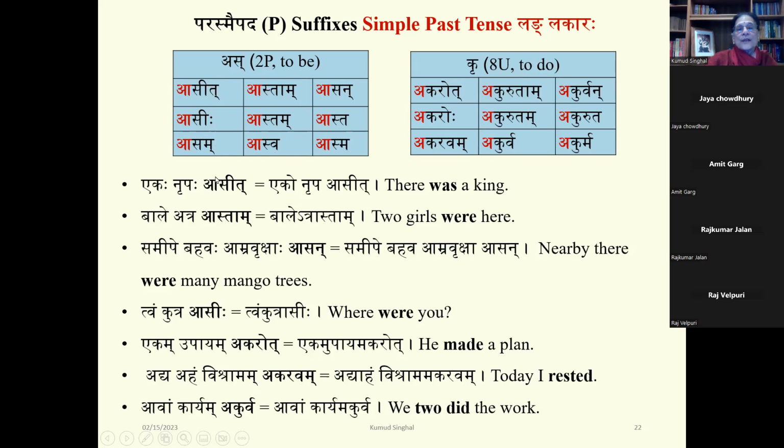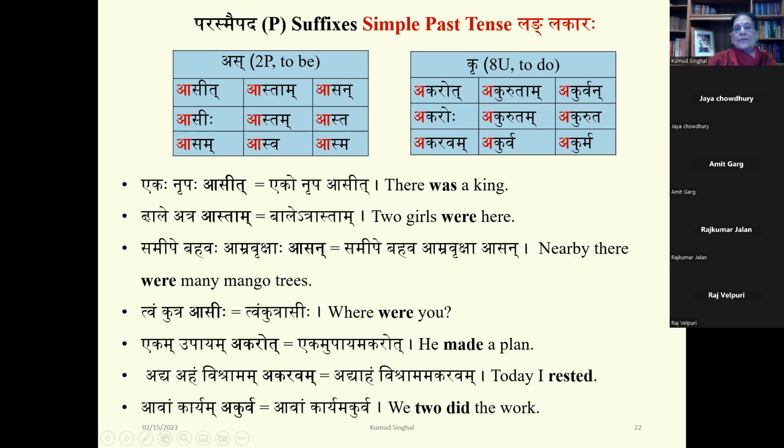And then here, let's see some examples. Ekah nrapah asit. So there was a king. So here the sandhi will be eko, visarga will be dropped because it is followed by a. Astam, bale.